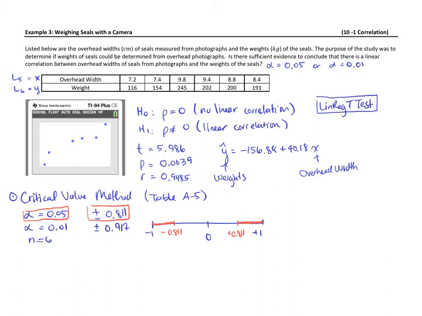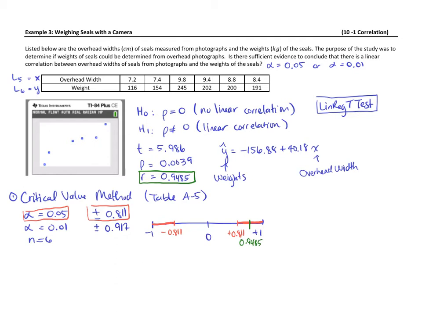But I'll use green here to mark our correlation coefficient. Since our correlation coefficient is 0.9485, I'll mark it right there.